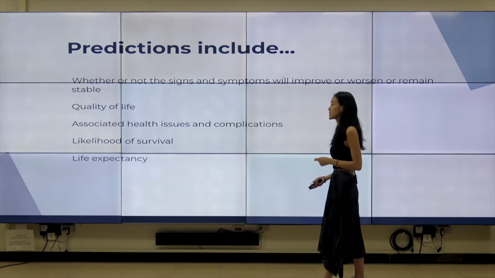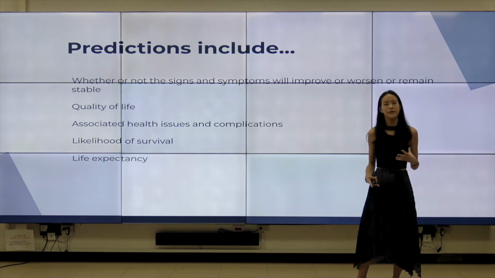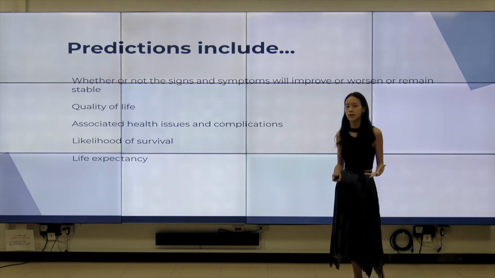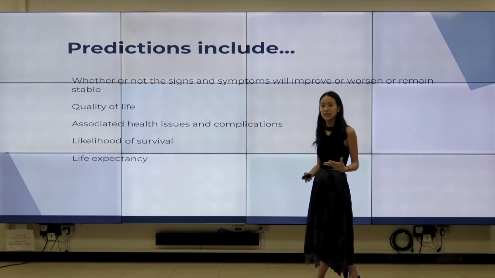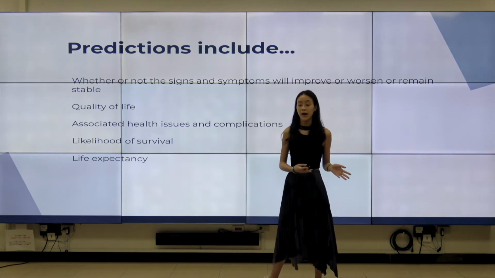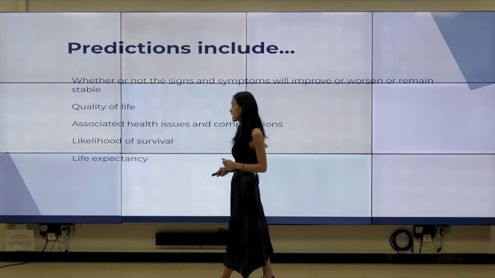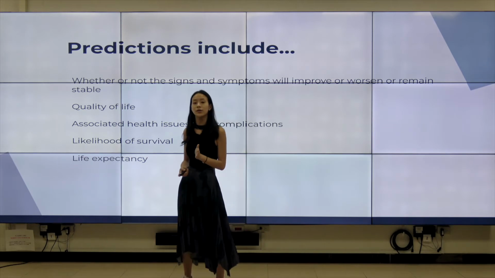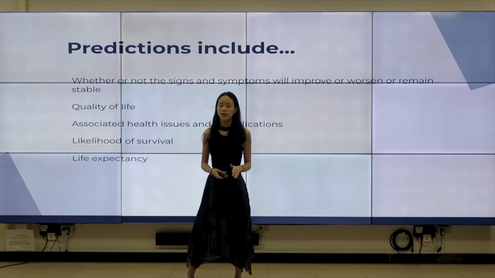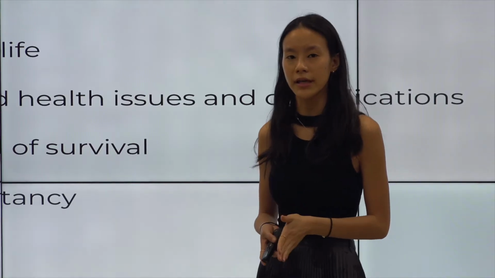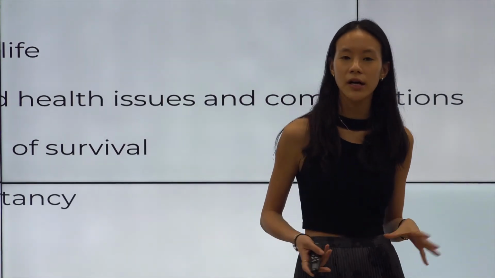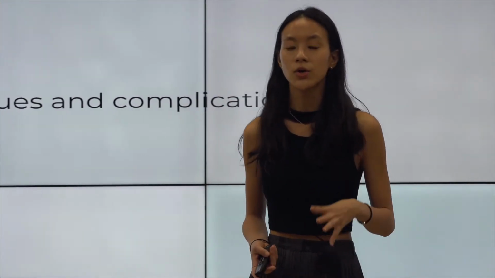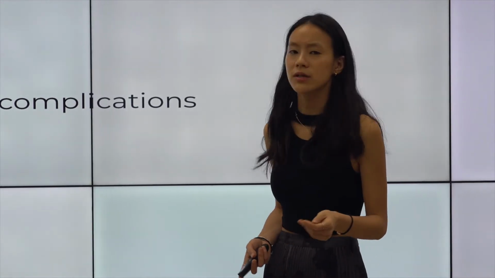There are also the associated health issues and complications, what you're going to feel. Are you going to feel nauseous most days? Are you going to feel exhausted? All these different things that the doctors are going to be telling you. In addition, they're going to tell you the likelihood of your survival. So how many months do you have left to live? Or maybe you are going to survive, but what is your life expectancy?